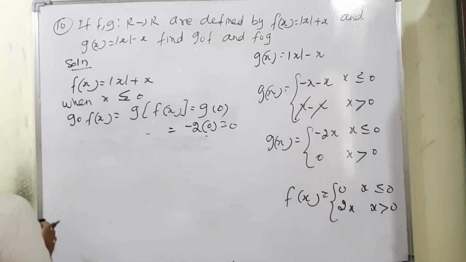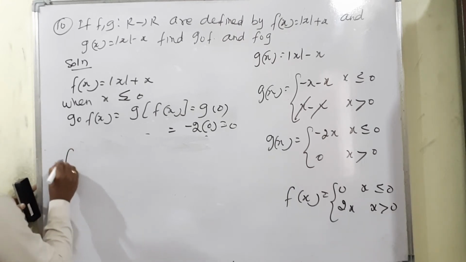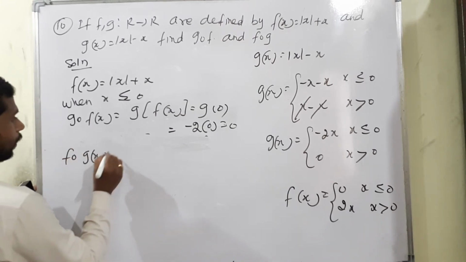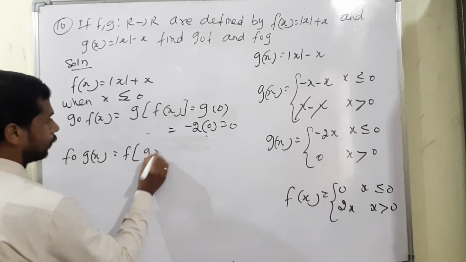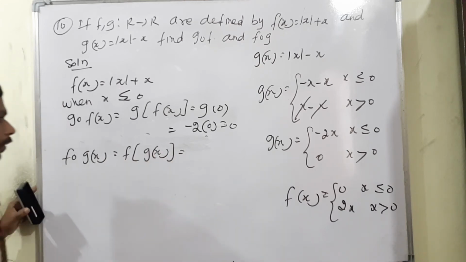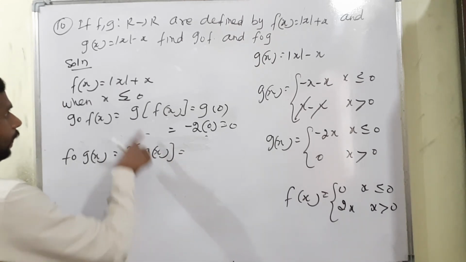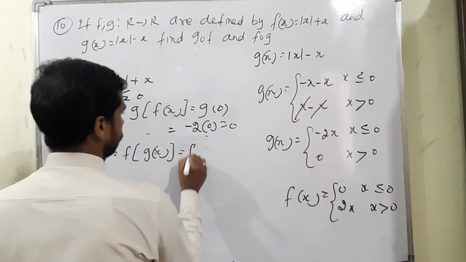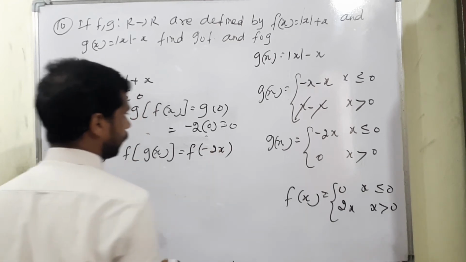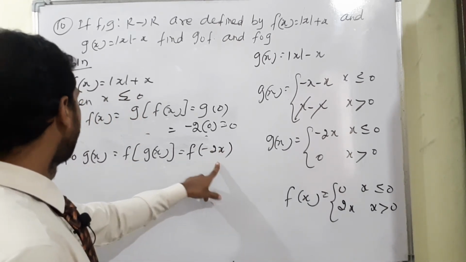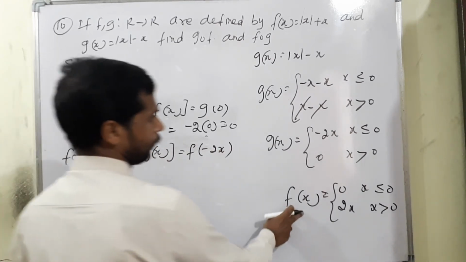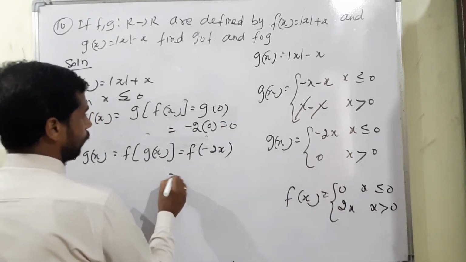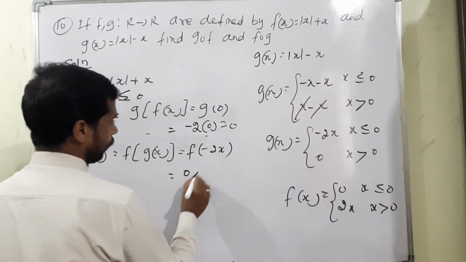So, f∘g(x) = f(g(x)); g(x) for x less than or equal to 0 is -2x, so f(-2x). Again f(x) for x less than or equal to 0 is only 0, therefore the value is also 0 only.